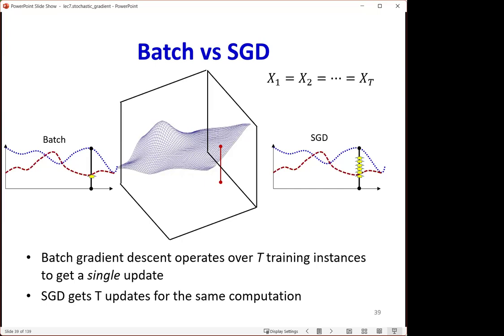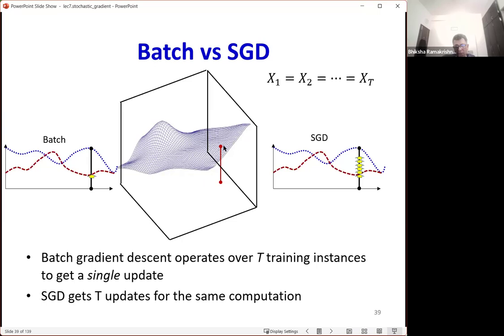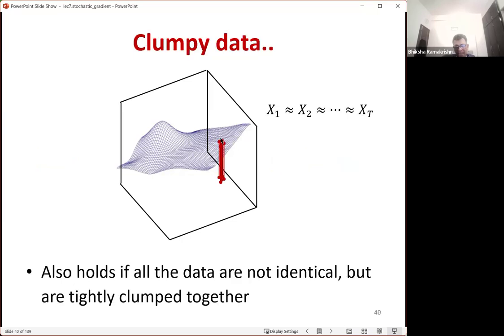Got it. Correct. And so now, instead of all of the data points being exactly the same, suppose they were very close to each other, would you still expect to see greater benefit from stochastic gradient descent than from a single batch update in this case? Yes, because the gradients are going to be very similar to each other, right?